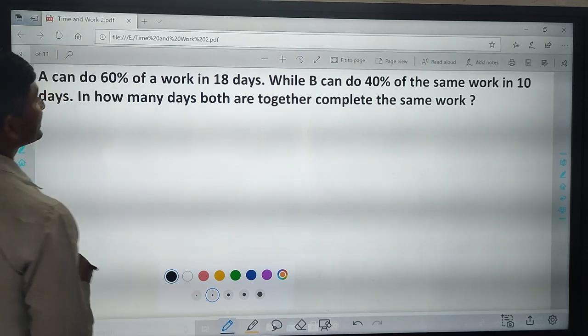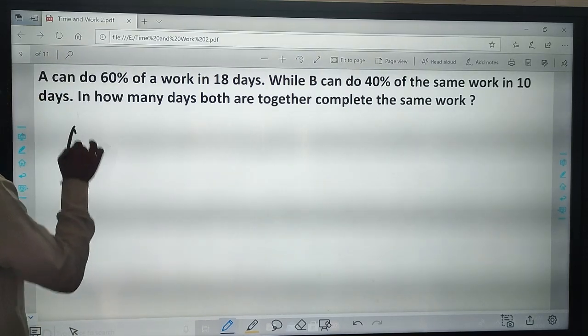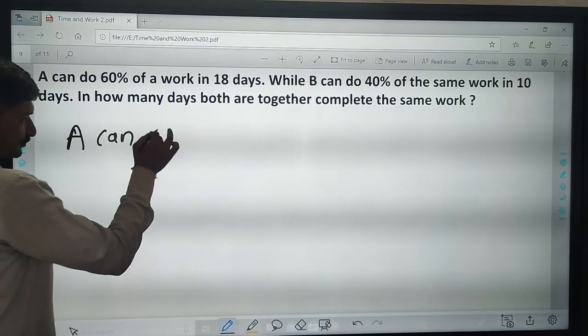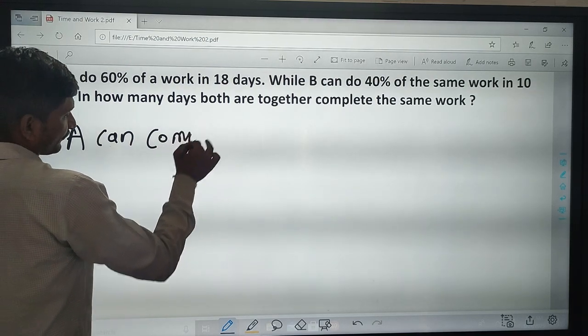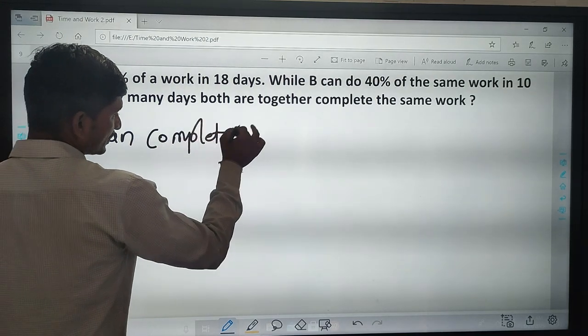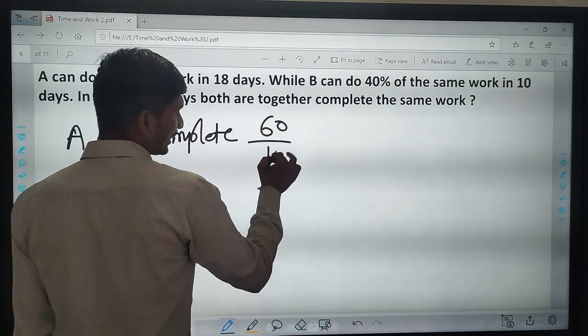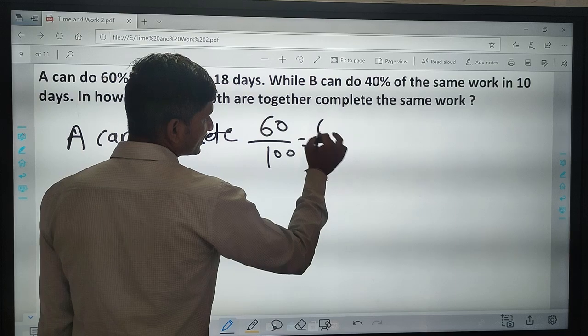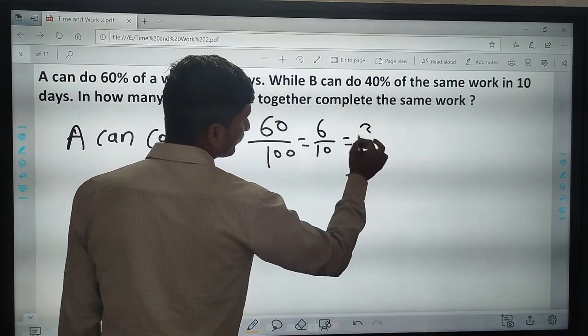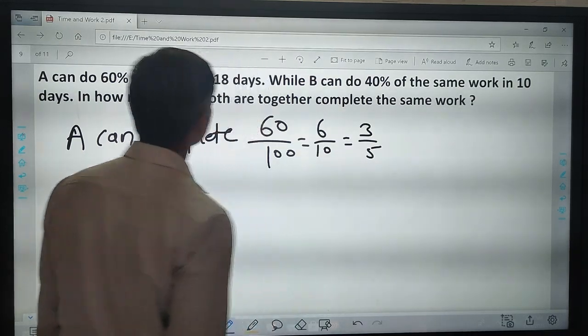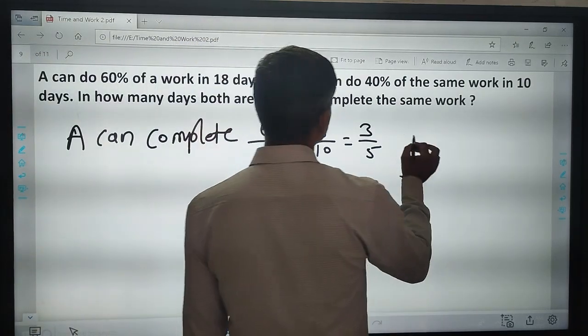A can complete 60% of work, 60% means 60 divided by 100, that is 6 divided by 10, that is 3 divided by 5 of work in 18 days.